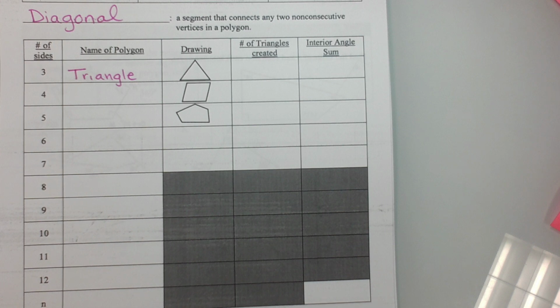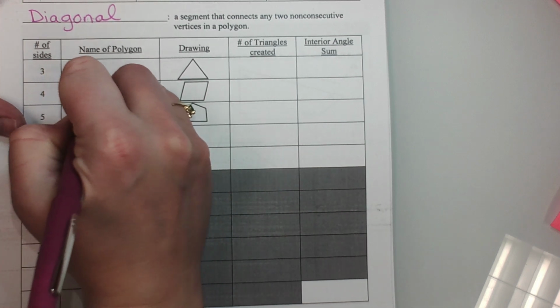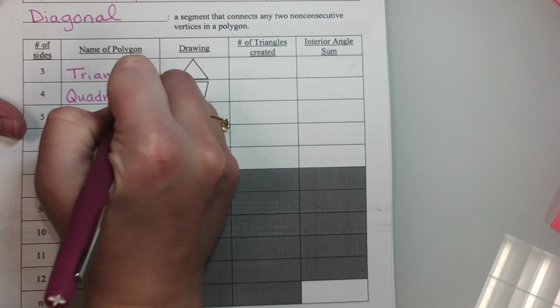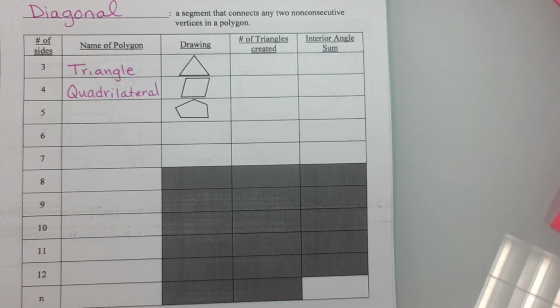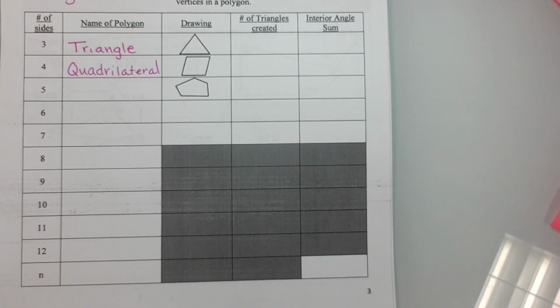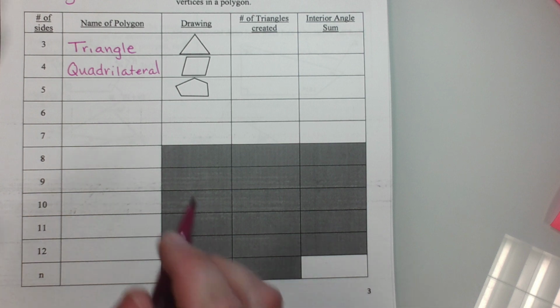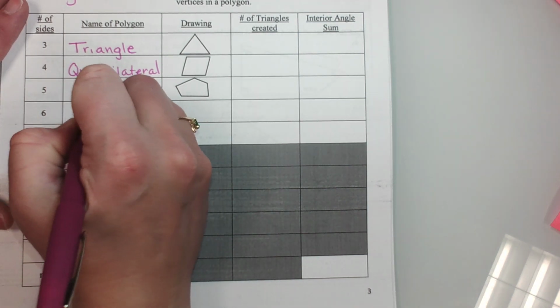Squares and rectangles are examples of them, but a rhombus is also an example of one. Quadrilateral. 5-sided polygon. Yes, pentagon.